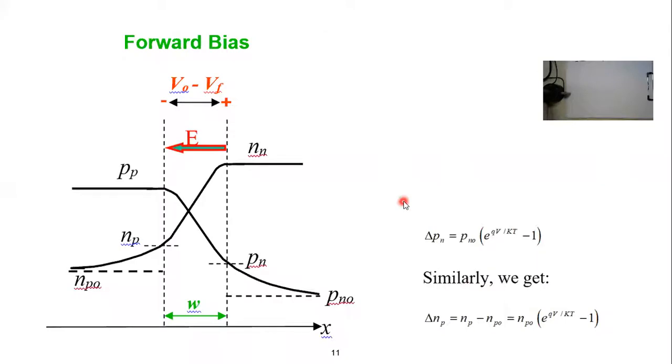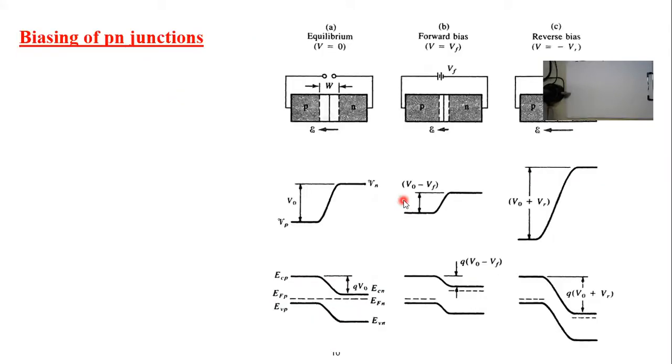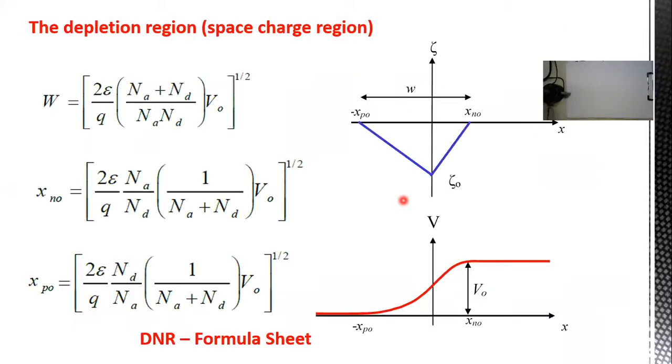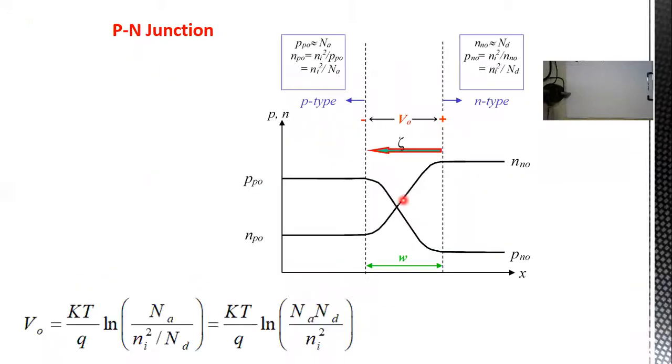Okay, so if you remember, my dear students, in part number 1, we plotted what's called the carrier concentration for the NNP. Now, what we are interested in doing is plotting the same graph expressing the electrons and holes, but under either reverse or forward bias.